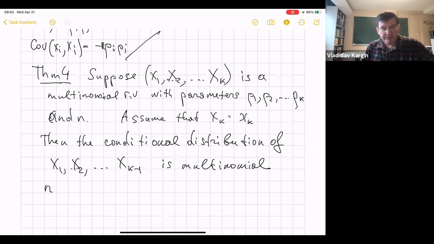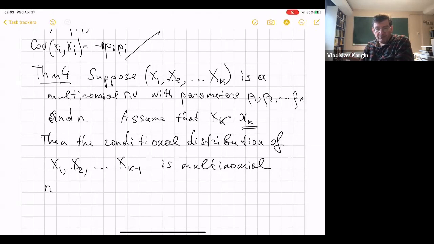One of them is the number of trials which remains for x1, x2, ..., xk minus 1, and you already know that there are xk. This is the number of times that the trials resulted in the outcome of type k.